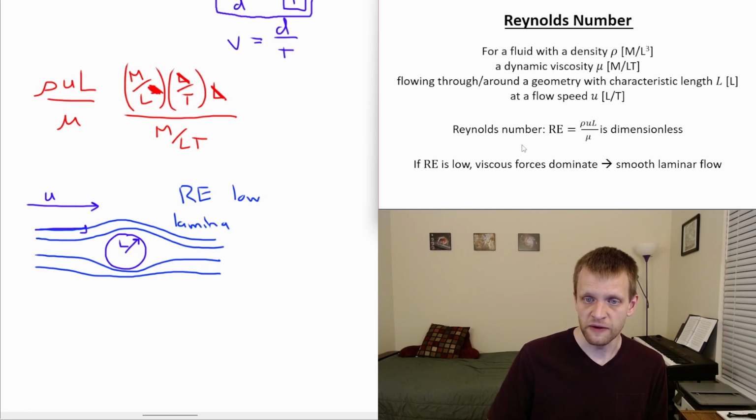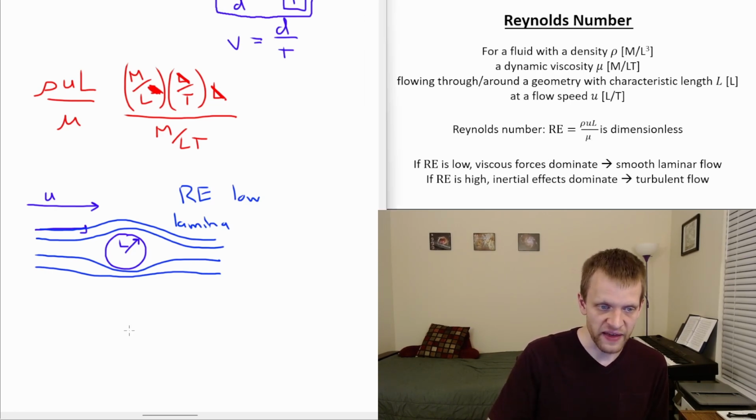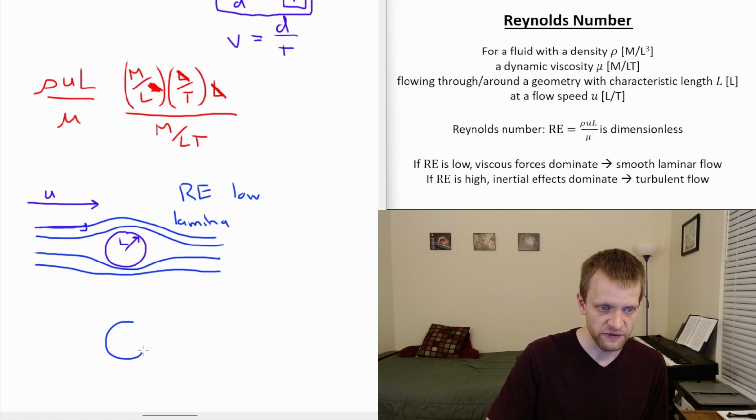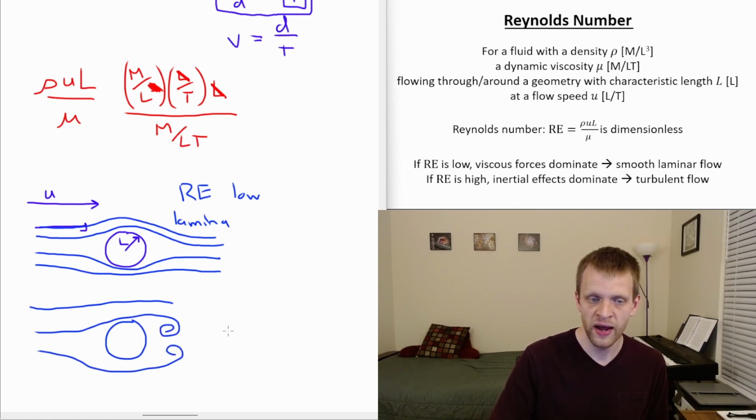If the Reynolds number is high, if it's not a very viscous fluid, so it has a low viscosity, and it's going at a high speed, well, that's when you're going to get all these weird vortices starting to form around that barrier, and you're going to get a turbulent flow.